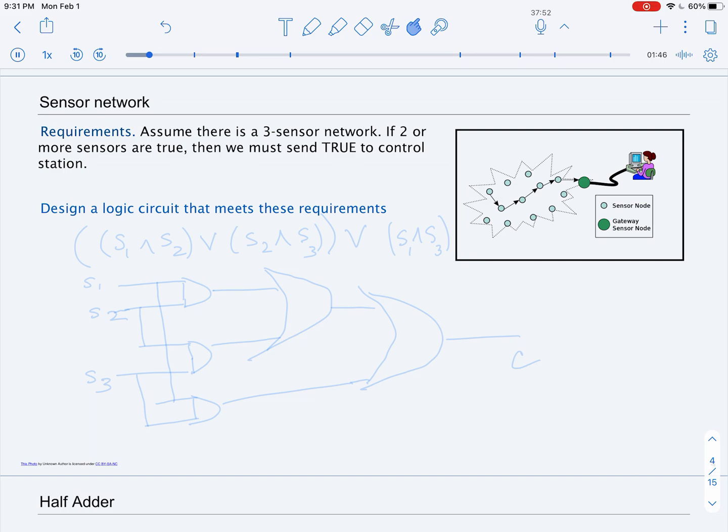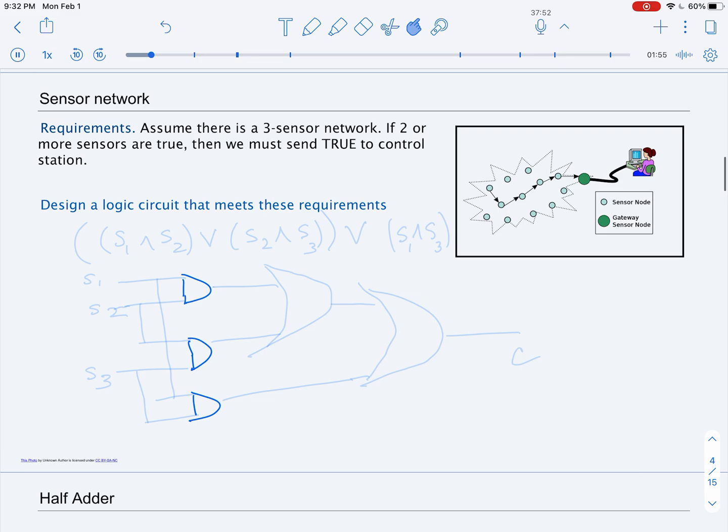So we are going to have to do the logical AND 3 times. And the input to the AND is going to be the input from the sensor.